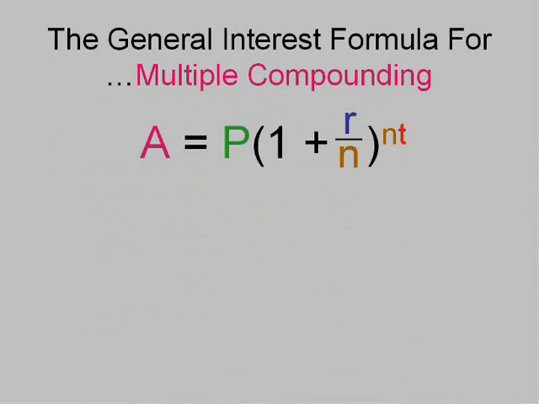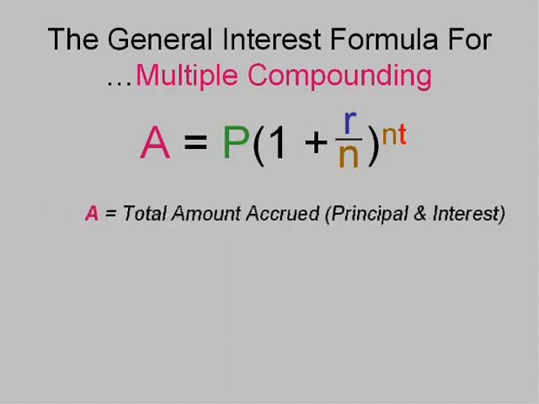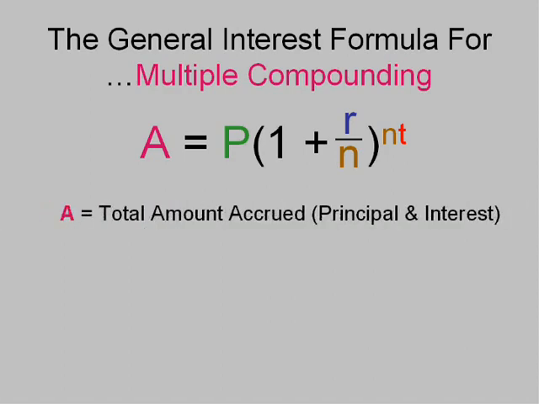Consider the general interest formula for multiple compounding. Now this involves your money at the bank. It's mine, you understand? Mine, all mine. A stands for the accrued amount, the total amount accrued, principal and interest over the years, if you've invested P amount of principal.